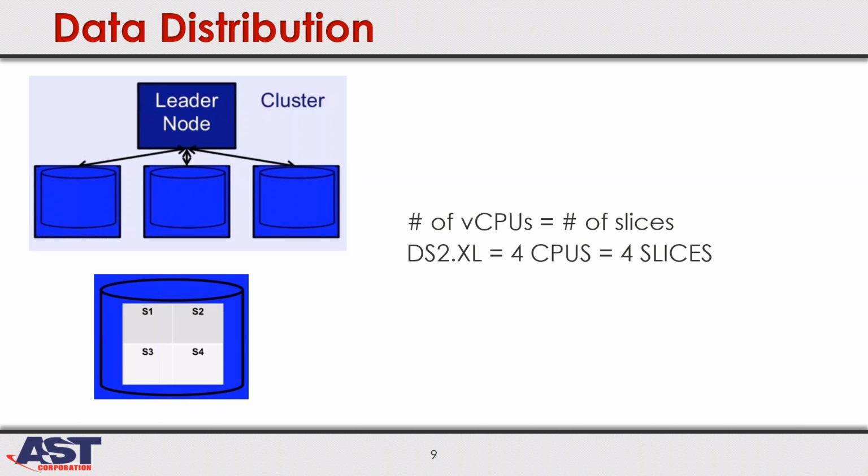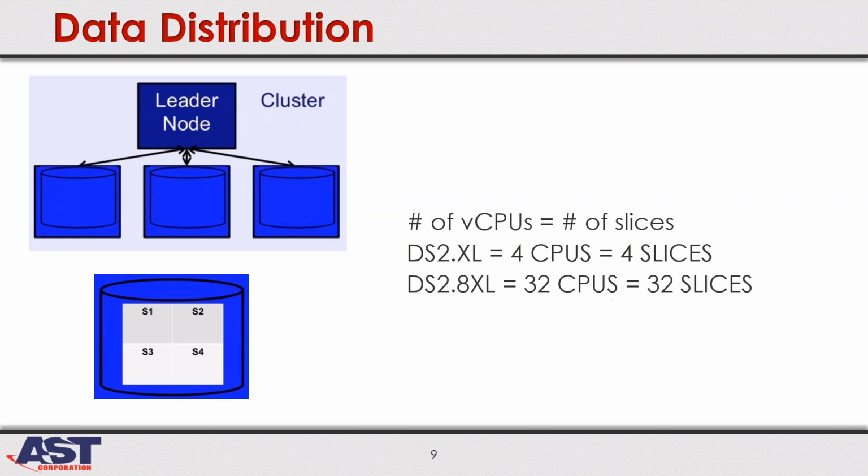For a DS2 Xlarge, that is the name of the cluster, it will have 4 CPUs in each compute node, which I am showing you in the figure as S1, S2, S3, and S4. Those are the 4 slices. So the number of CPUs is equal to the number of slices. The maximum number of CPUs we can get in a single compute node is 32.